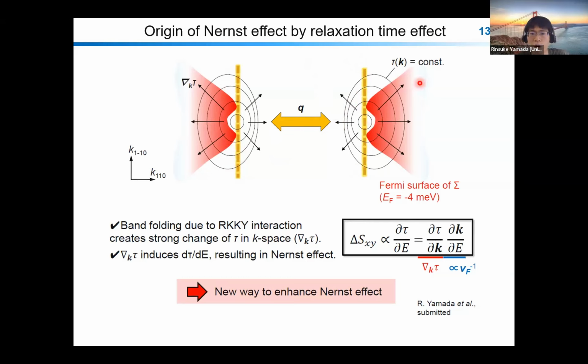On the other hand, if we go away from this nesting condition, such reconstruction would be less significant. Such things would create the large momentum dependence of the scattering time. Here we'd like to propose a new way to enhance the Nernst effect by using the band folding nature of the magnetic ordering.